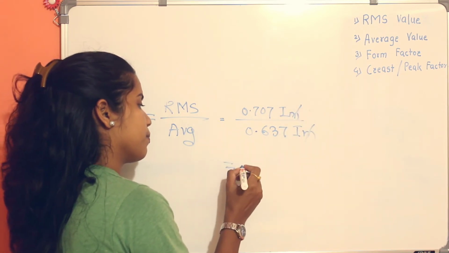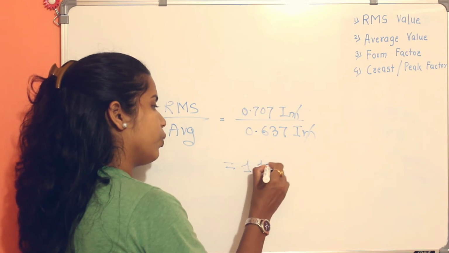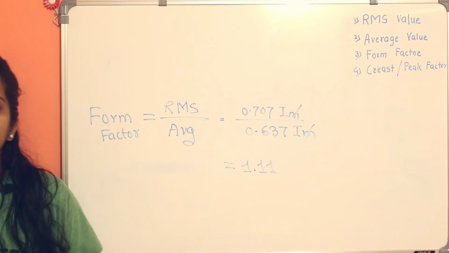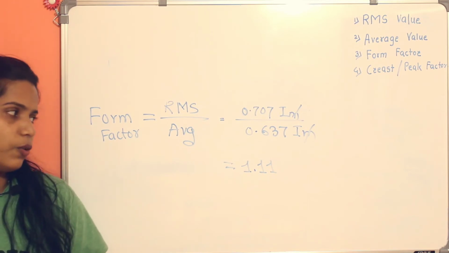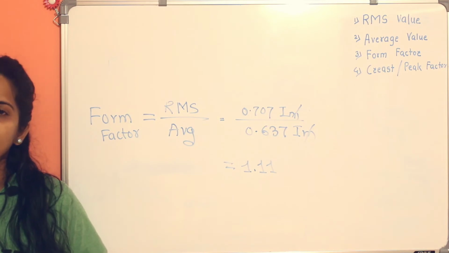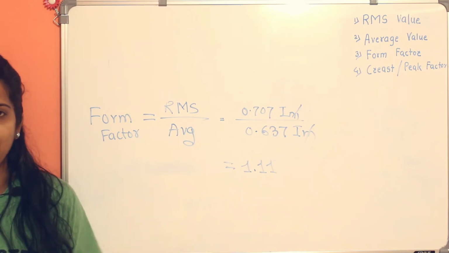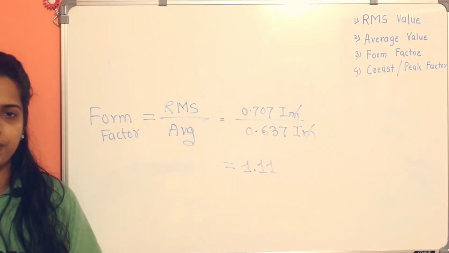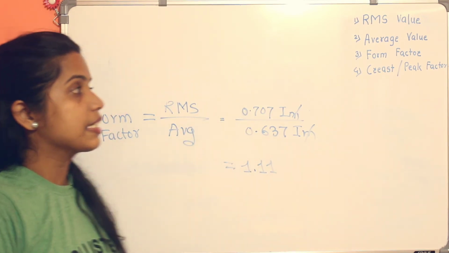So this is basically 1.11. This 1.11 value is called the form factor, but it is only for sinusoidal and cosinusoidal waveforms. For waveforms other than sinusoidal and cosinusoidal, this factor may vary and we have to calculate that value according to this equation.